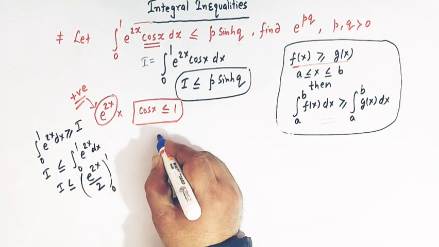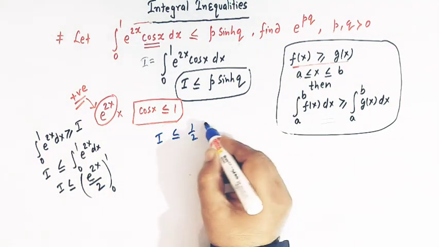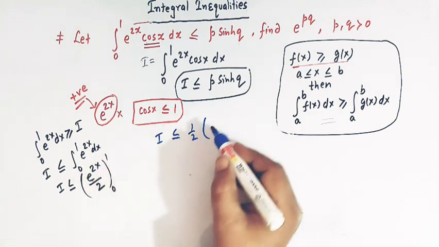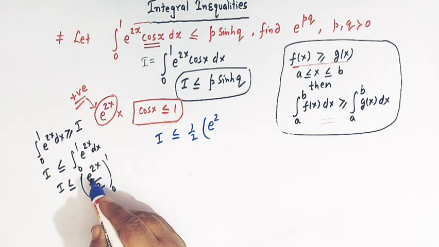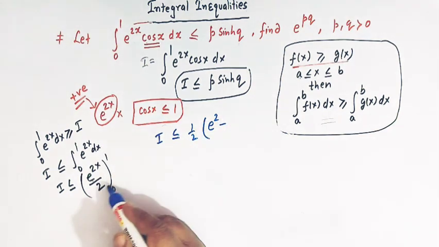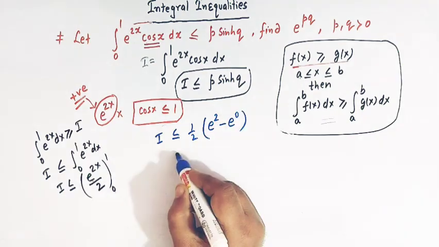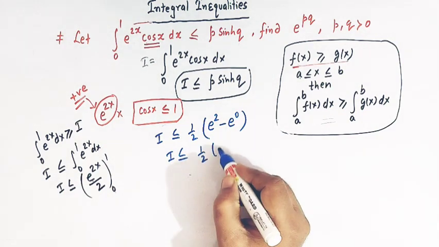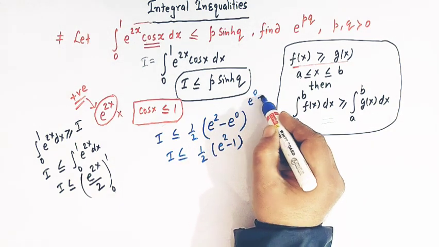So now we can write I less than or equal to half, taking half outside and then substituting the limits. So we have e raised to 2 times 1, that is e square, minus, taking x equal to 0, e raised to 0, right? So I is less than or equal to half (e square minus 1), because e raised to 0 is equal to 1, right?